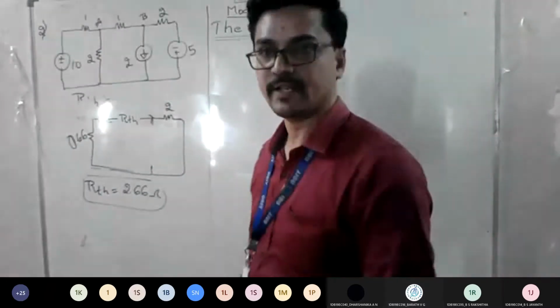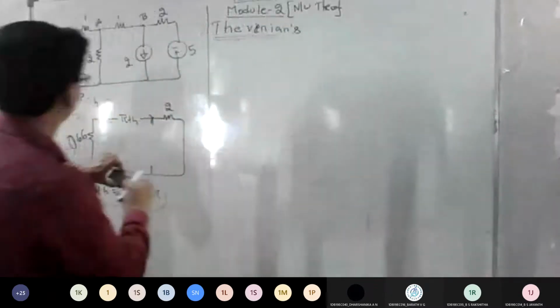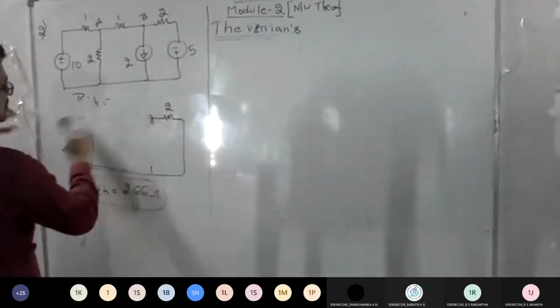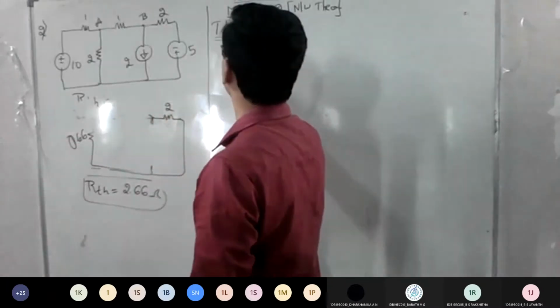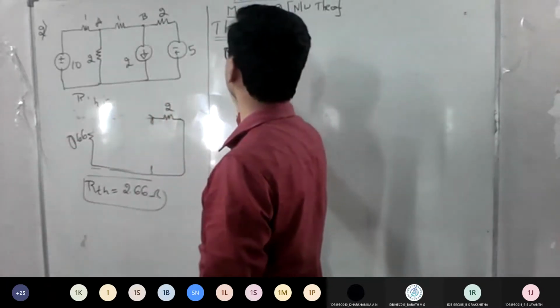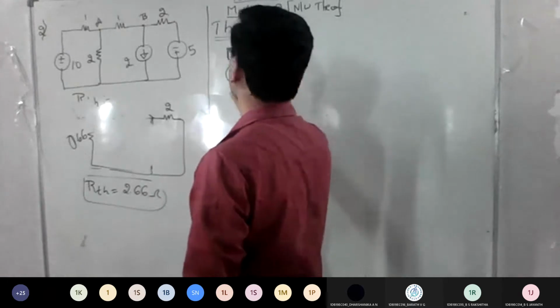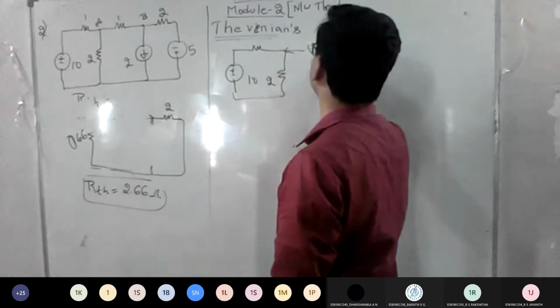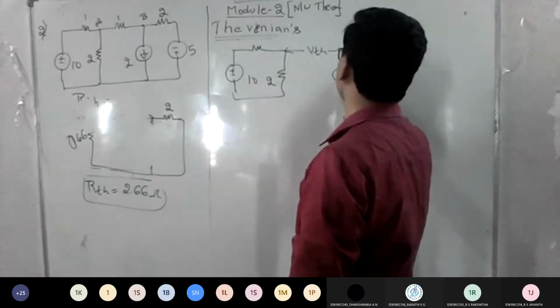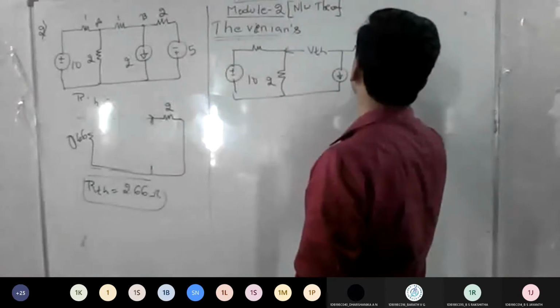Find VTH. If you want to find VTH, apply KVL or KCL. Let me check with KCL once more. So to find VTH, we have 10 volt, 1 ohm, 2 ohm, and this is the junction where VTH is. Now I bring the current source back, and the voltage source of 5 is there.